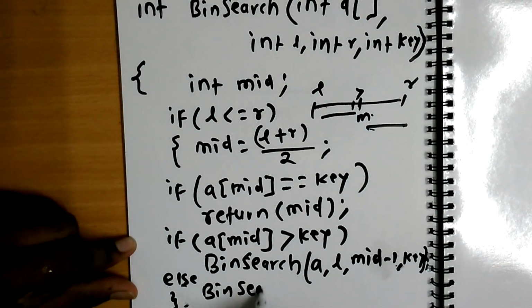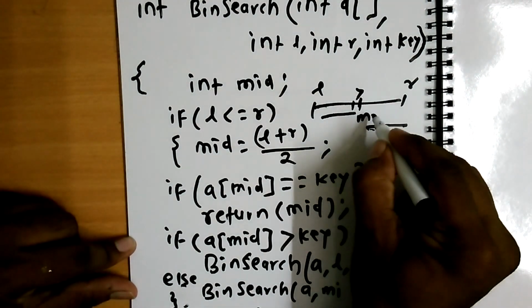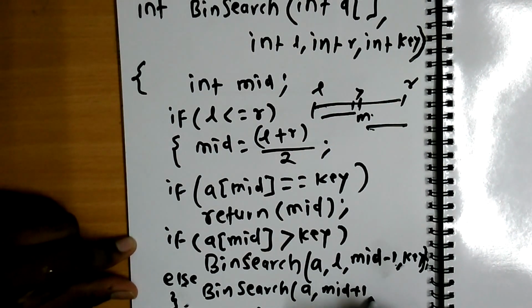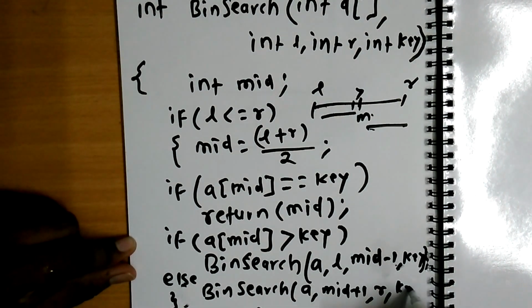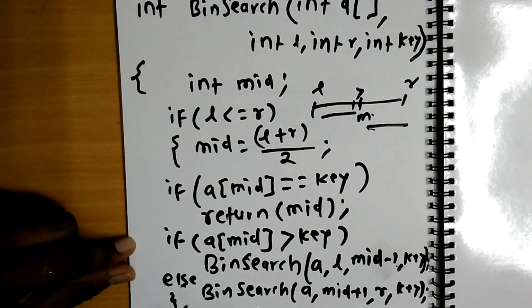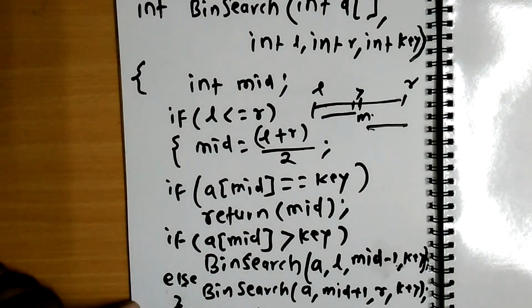The array is the same, but now L is changing from L to mid plus 1, I'm sorry, mid plus 1, and R remains the previous R, and key also remains the previous key. So that's the logic of binary search.